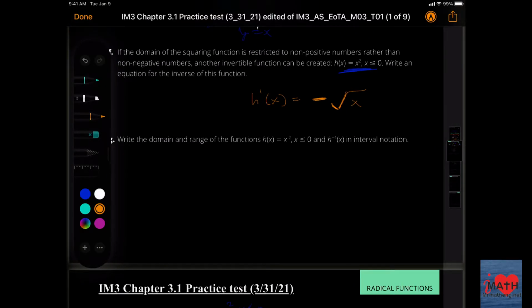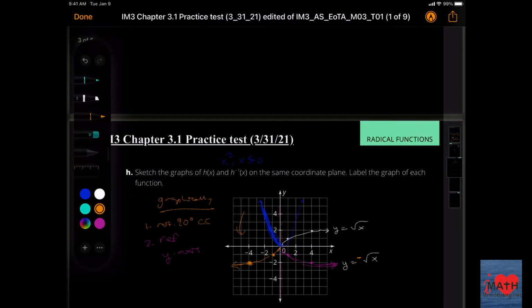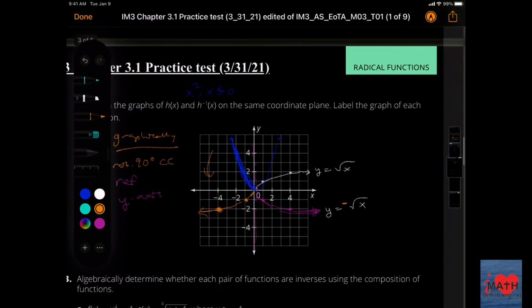Write the domain of this, and it's in interval notation. So let's just write it over here because we have the graph, and then I'll copy and paste it up there. So for the blue here, that one is h of x. Here the domain of the blue is coming from the left side, so that would be negative numbers, but it stops at 0.